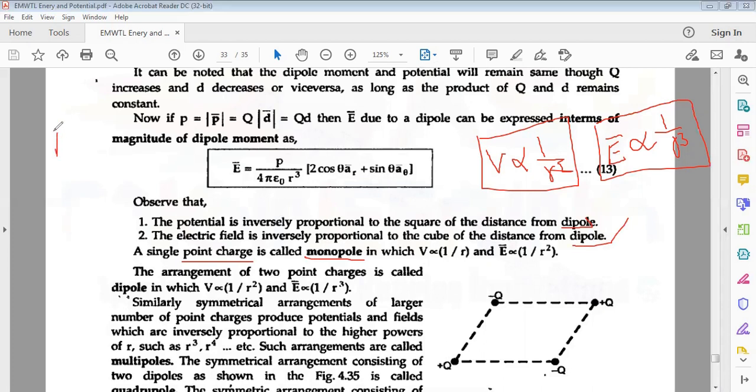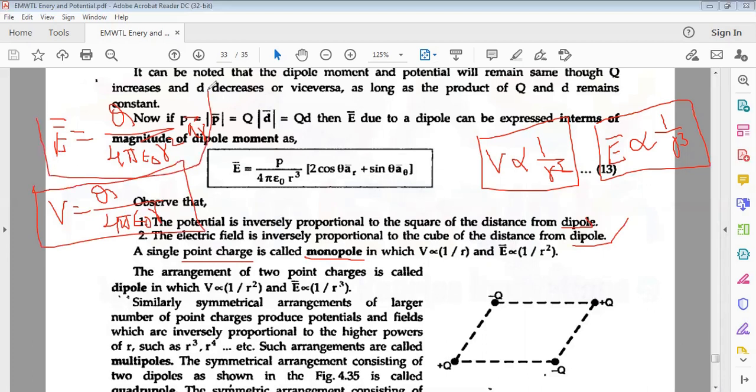At the point charge, E bar is equal to Q by 4 pi epsilon naught R square into A R bar. The potential is Q by 4 pi epsilon naught R. These are the two formulas for the electric field intensity and the potential at a point charge.